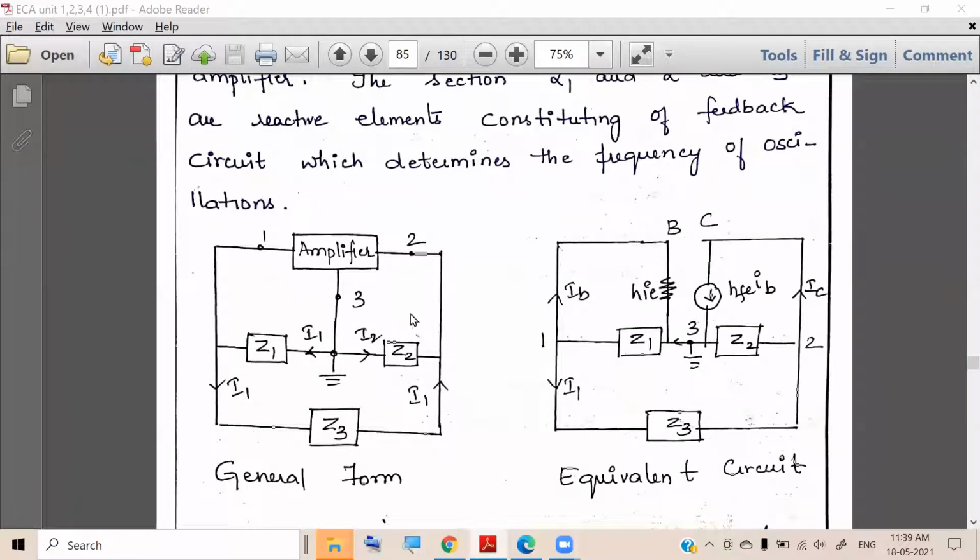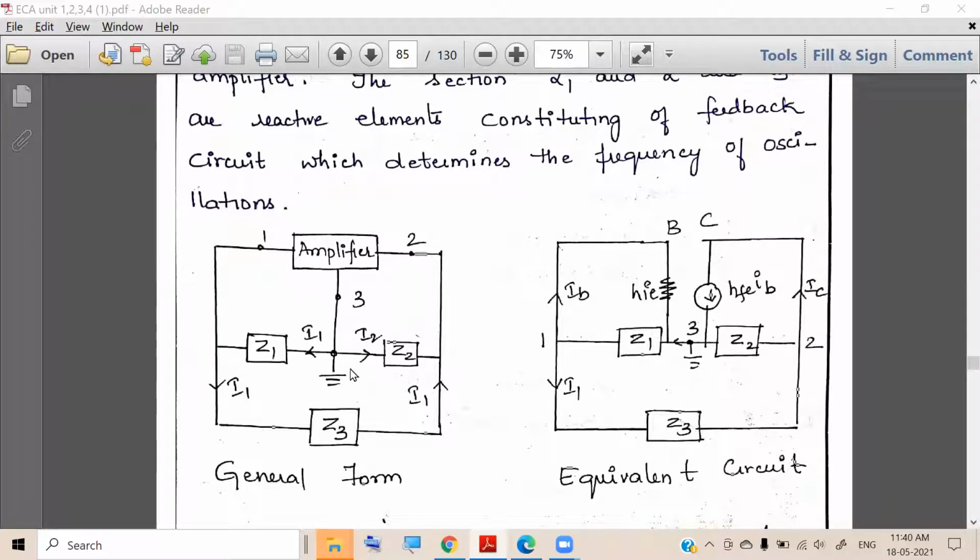So this is the general form, replacing the amplifier block with the approximate H parameter model of the transistor. See this hie, hfe, IB, the approximate H parameter model we have seen in the first unit.